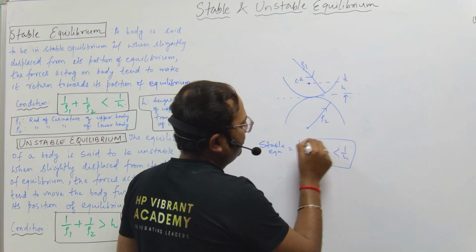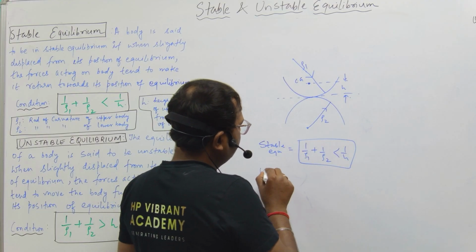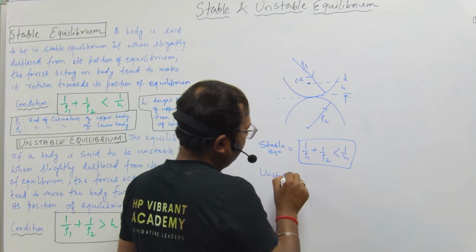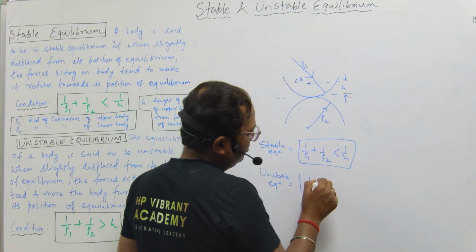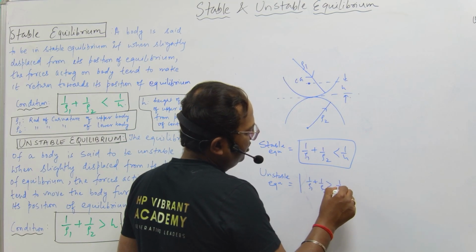1 upon rho 1 plus 1 upon rho 2 is less than 1 upon h. This is the condition for stable equilibrium, and for unstable equilibrium, 1 upon rho 1 plus 1 upon rho 2 is greater than 1 upon h.